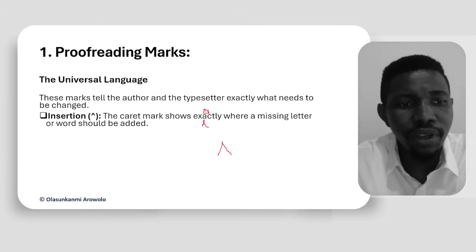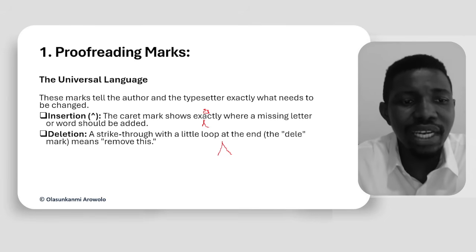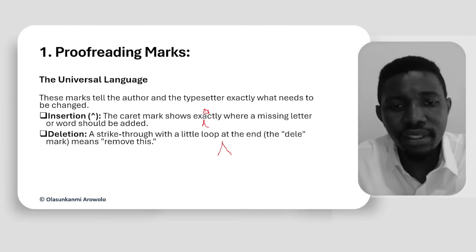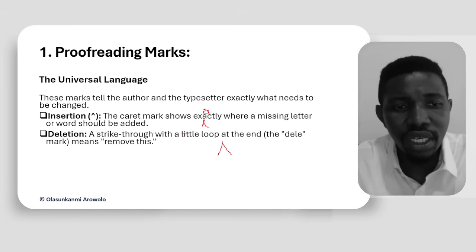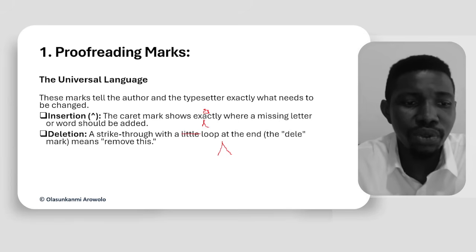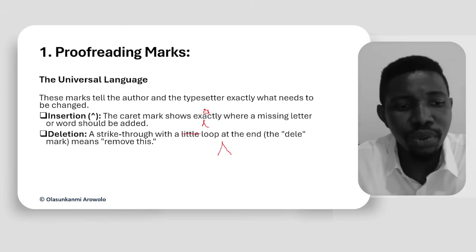Okay, moving on, we have the deletion sign. In this case, a strikethrough is as simple as just striking through a text while you are still able to read it. It is important that we are able to erase and still see what we have done.